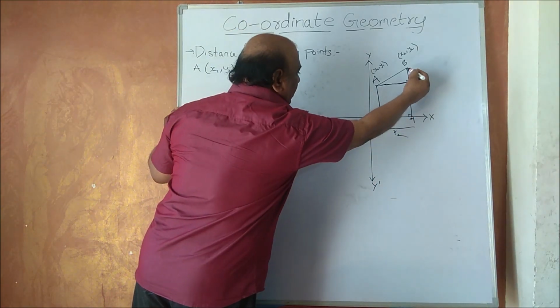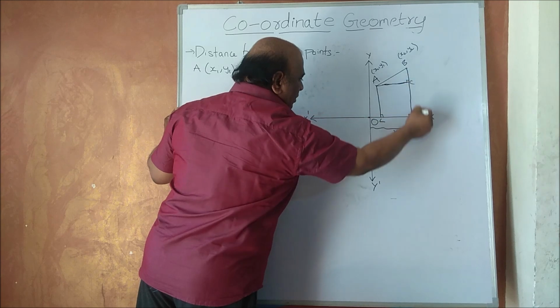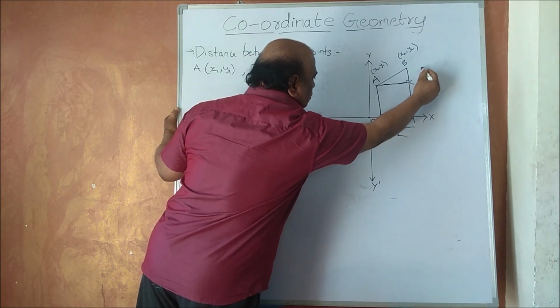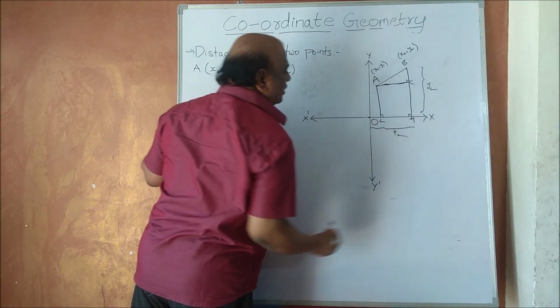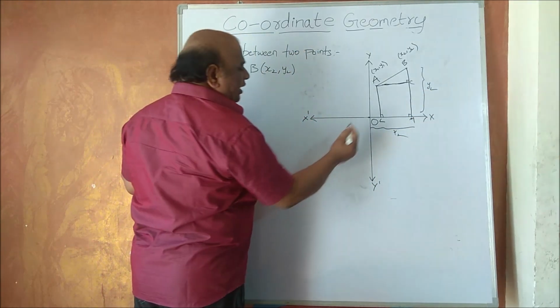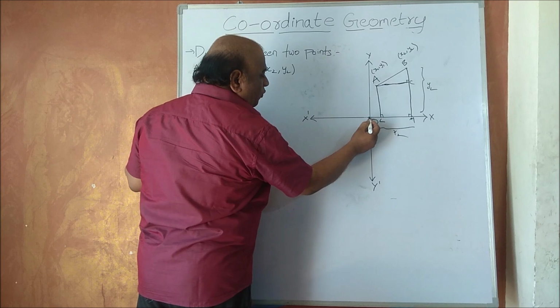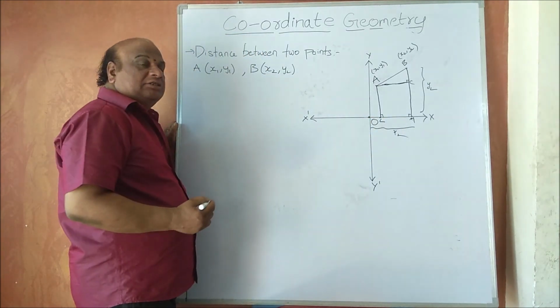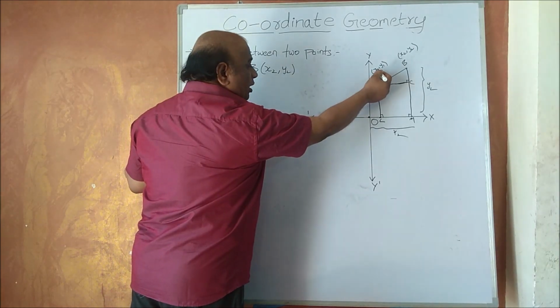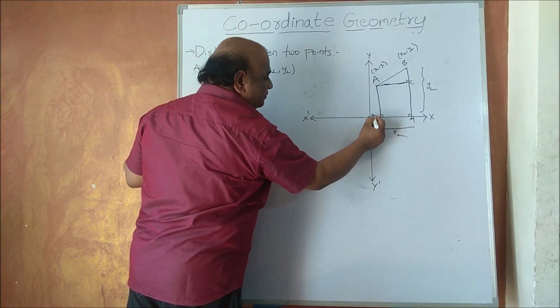And the distance of BM, the total distance, is y2. Next, what is the distance of OL? This is x1.